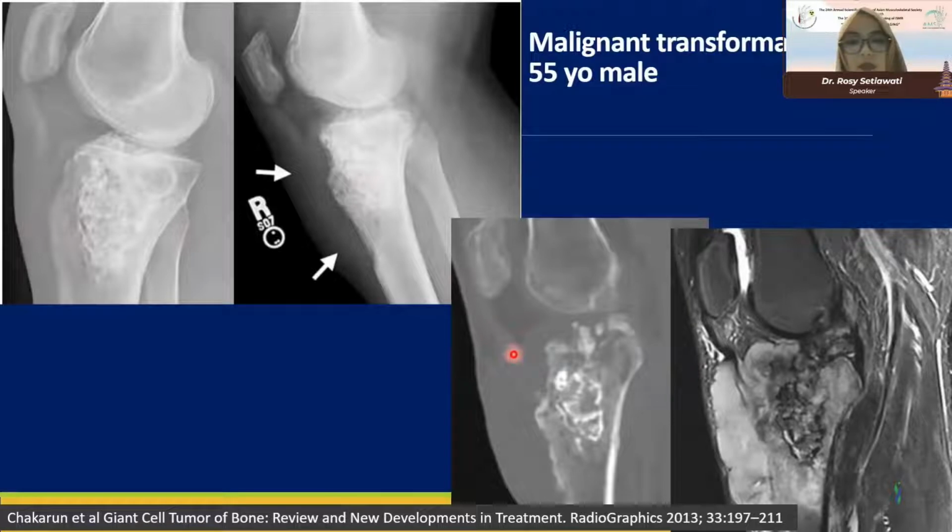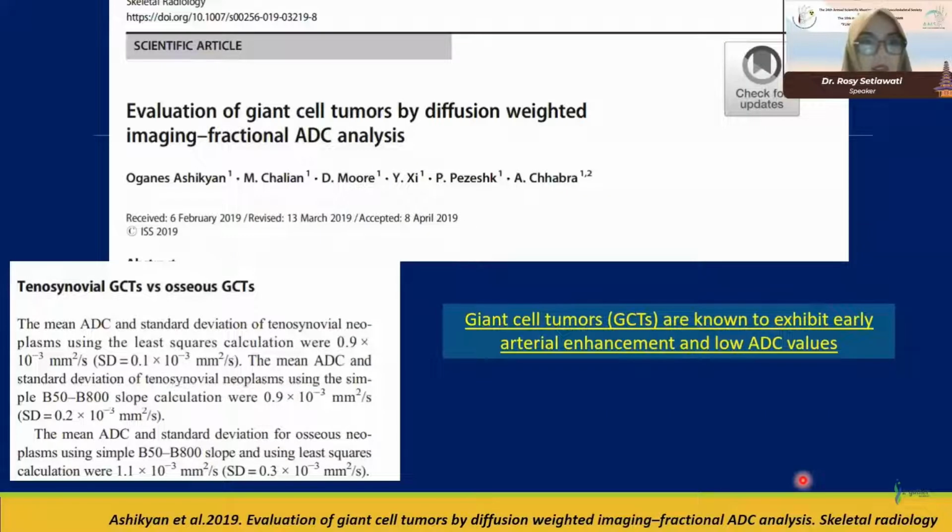It is more obvious on the CT scan, with more bone destruction on the tibia and the previous lesion surrounding the graft. On MRI, we can see more extensive soft tissue and bone marrow replacement, consistent with malignant transformation of the GCT.